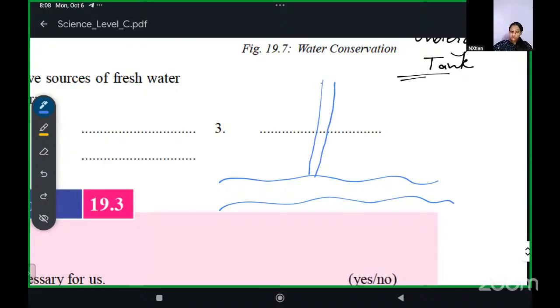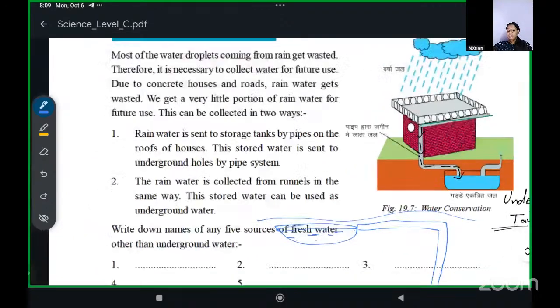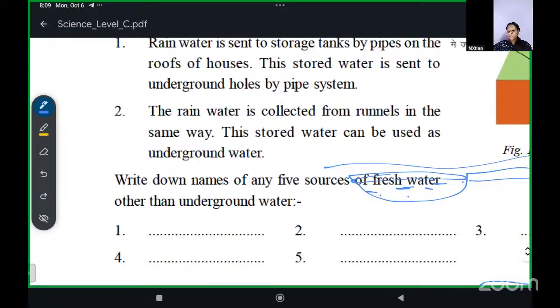That will take us to this underground tank. So this is how water is collected from the runnels, and it can also be used as underground water.